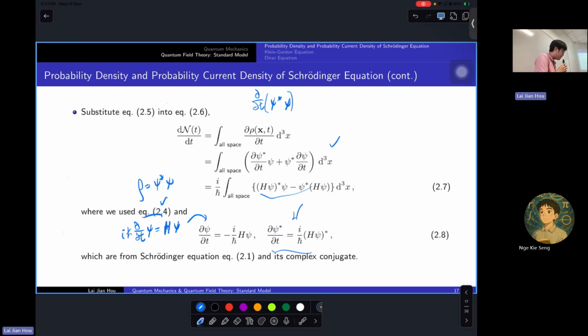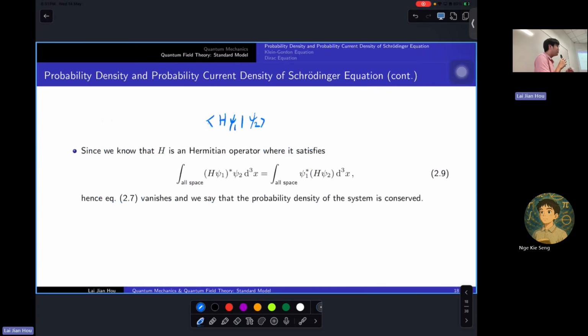So dN over dt here is equal to 0, and hence we say that the Schrodinger equation will do the part: if we prepare a system that has a normalized probability, I mean the physical system is normalized already, at a later time the Schrodinger equation will keep it normalized all the way.